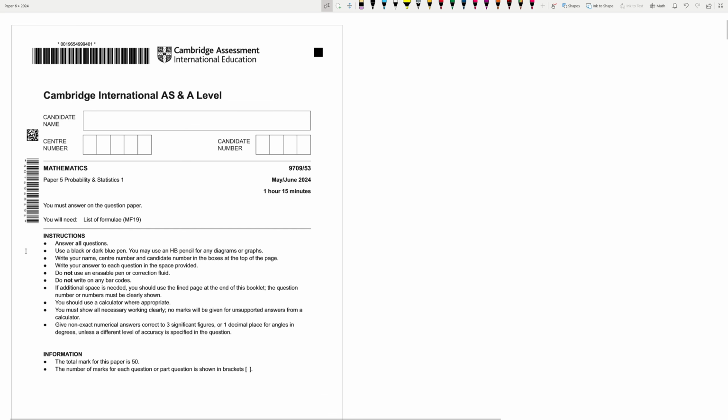So for paper 5.3, out of 50, A was at 44, B was at 39, C was at 32, D was at 25, and E was at 18.